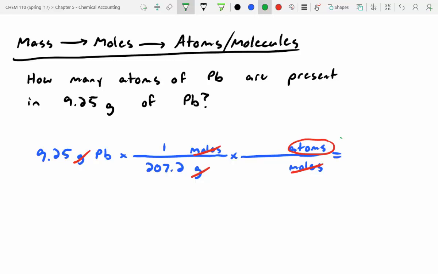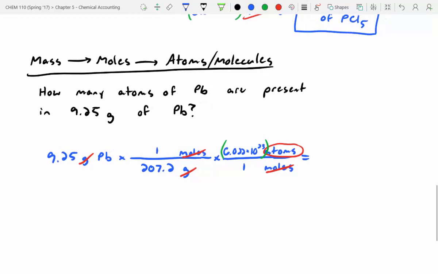Now let's go over here and look at this guy. What number should go where? Yeah, Avogadro's number should go on top, exactly. So we've got 6.022 times 10 to the 23rd for every 1 mole. And like I said, I like using parentheses to avoid any confusion. How many atoms of lead do we have there?